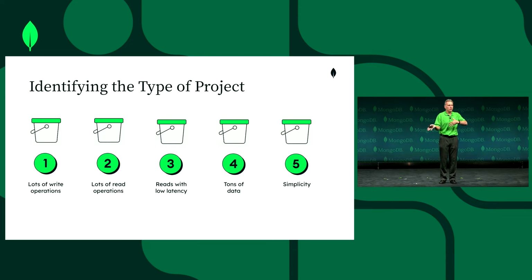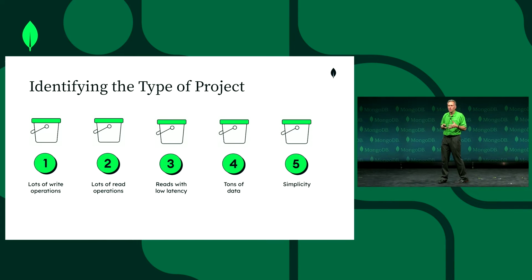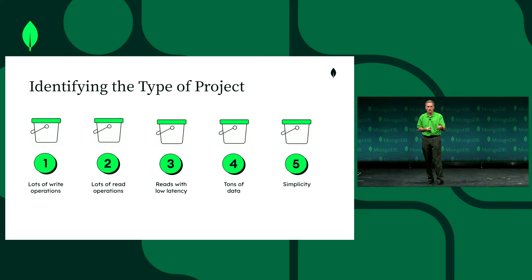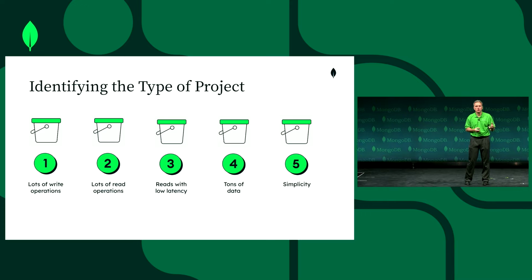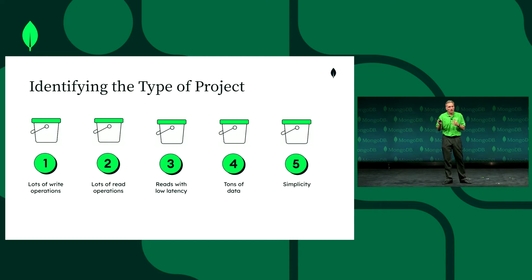So if you're not in any of the first 4 buckets, the last one's about simplicity. We have a lot of customers who don't have a ton of operations, but what they want is to be able to develop the application very quickly, be able to change the code, be able to change the schema easily, and MongoDB is very good about that. A lot of applications fall into that bucket.